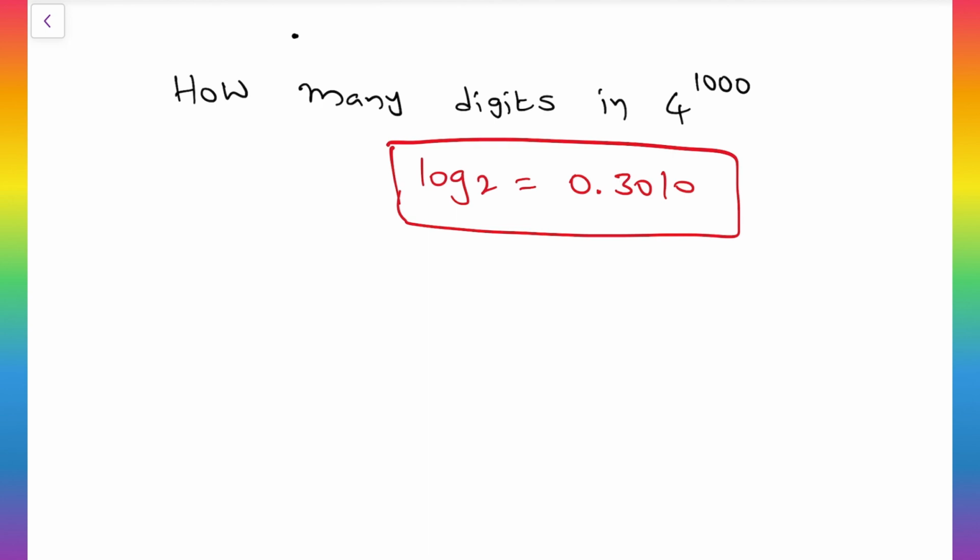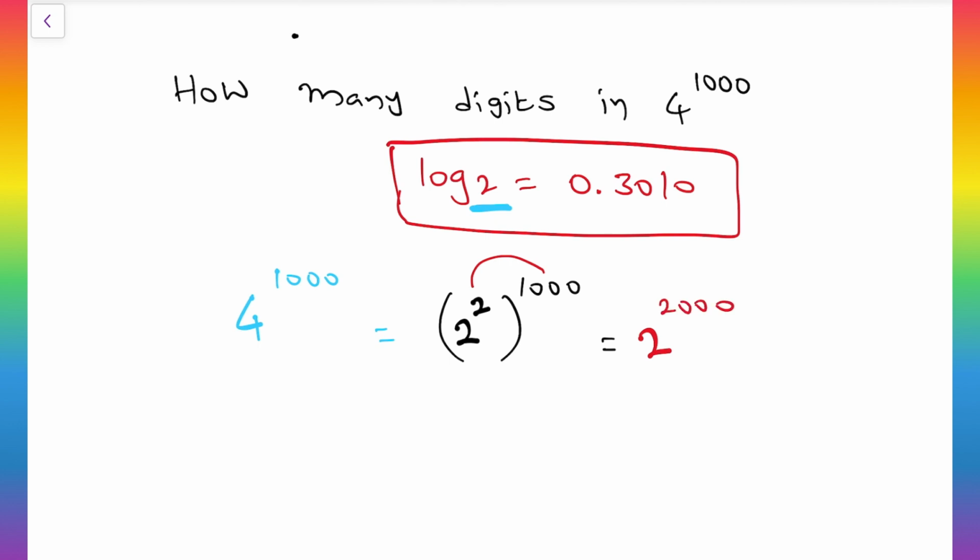Take the number 4 power 1000. Here the log 2 value is given, so what we need to do is change the base to 2. Here 4 is the base, so write that 4 as 2 square, power 1000 as usual. Now what will be the value of (2 power 2) whole power 1000? Multiply both the powers: 2 into 1000, 2000, so 2 power 2000.